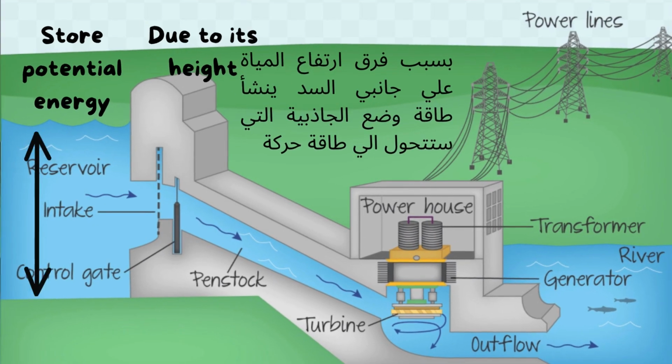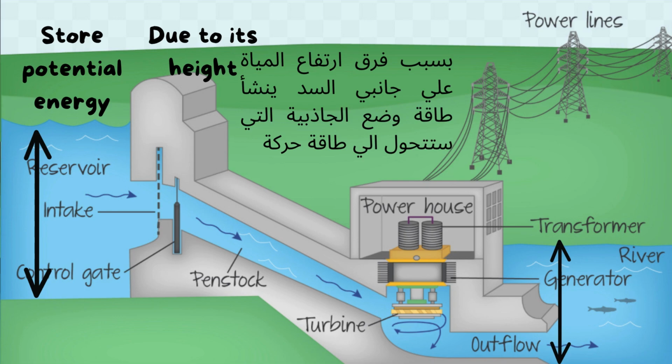Okay, and the second point is about the potential energy. As you see here, there are different levels of the water on the 2 sides of the dam. Okay, and this causes what? Yes, the water stores potential energy due to its height, as we studied before.